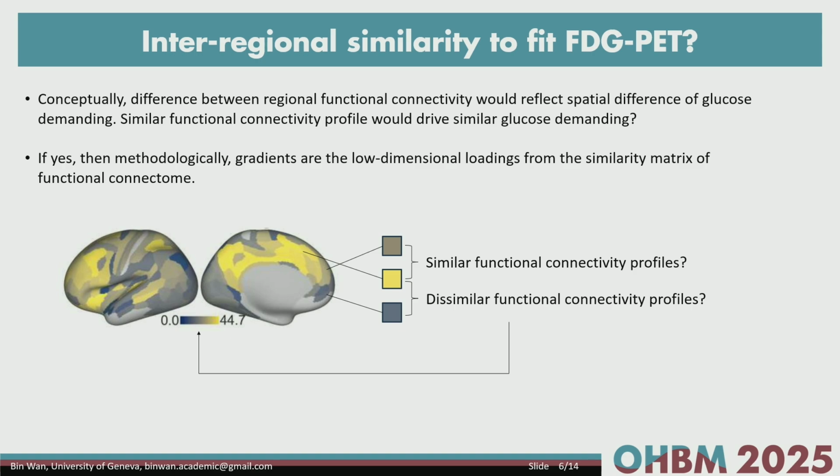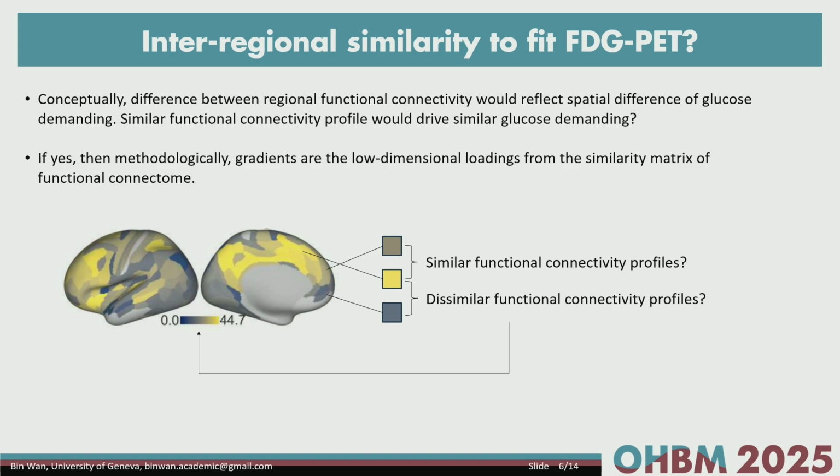If we look at this FDG PET map, the regions whose colors are closer to each other, if we think they show similar energy consumption, then maybe they have similar functional connectivity profiles, and we ask these questions.